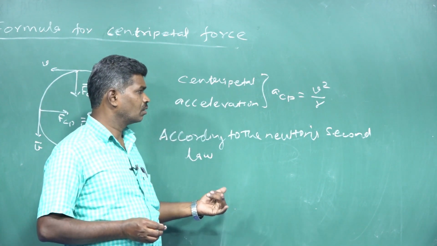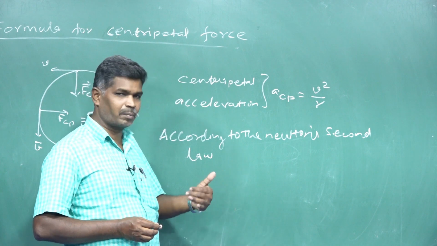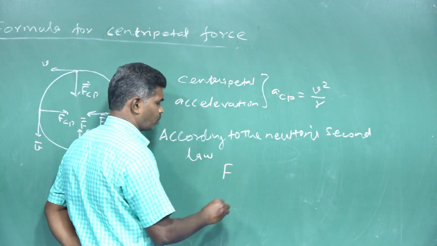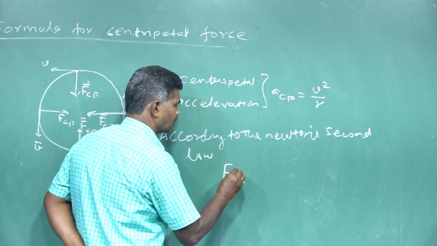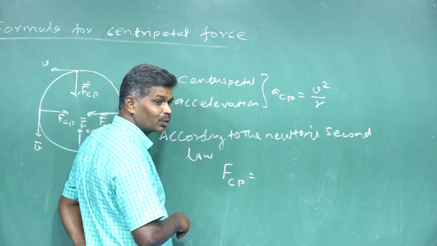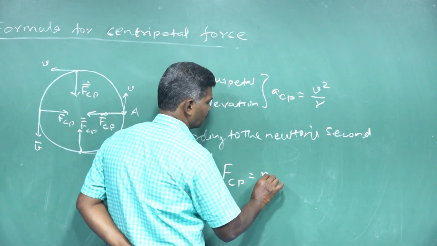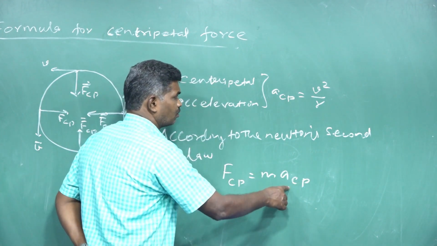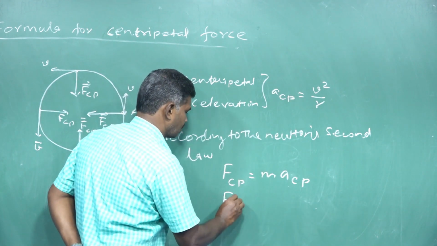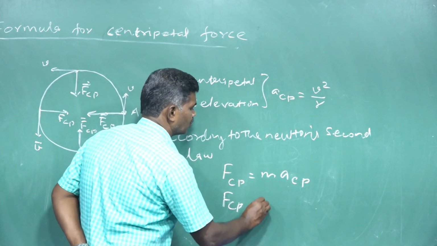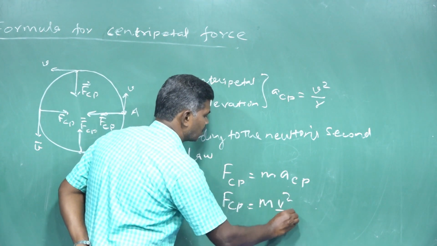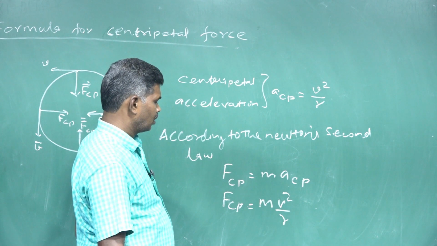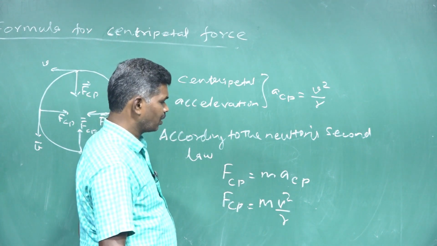So here the centripetal acceleration is produced by the centripetal force. Taking the magnitude alone, F_cp is equal to m into a_cp. Substituting the value, F_cp is equal to m into v squared by r. That is, the centripetal force magnitude is F_cp equal to mv squared by r.